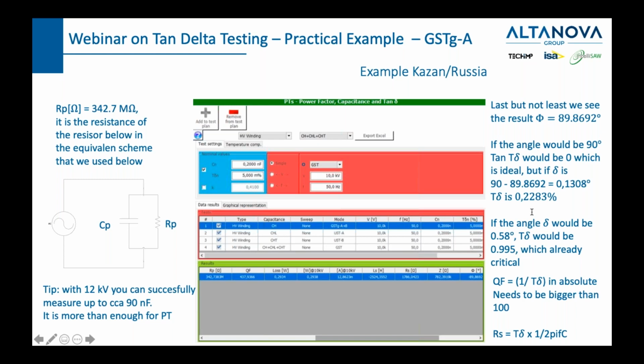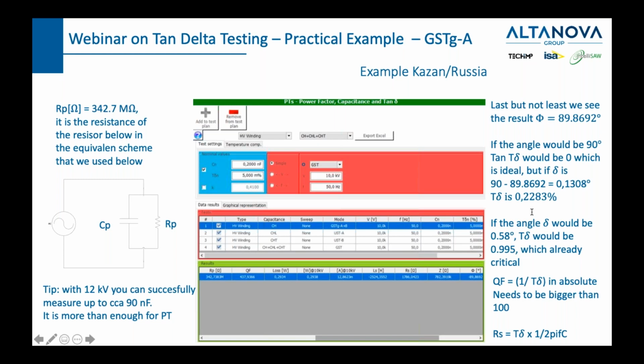I don't want to give you any information which is not correct, but we prefer doing tan delta at 50 Hertz, or 60 Hertz, because that is the working frequency of an asset. And you know that if you do it at your nominal voltage and nominal frequency, then you get the most realistic results.